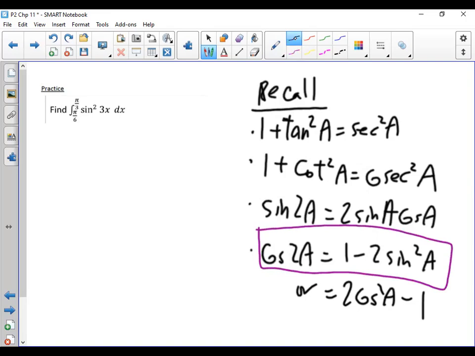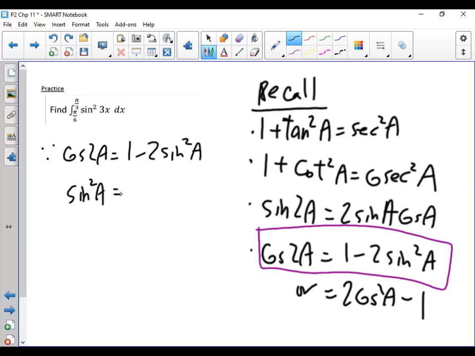So cos 2a equals 1 minus 2 sine squared a. Then I make sine squared a the subject. If you don't know how to start, you should start from this and make sine squared a the subject. And then you can pause the video and carry on.